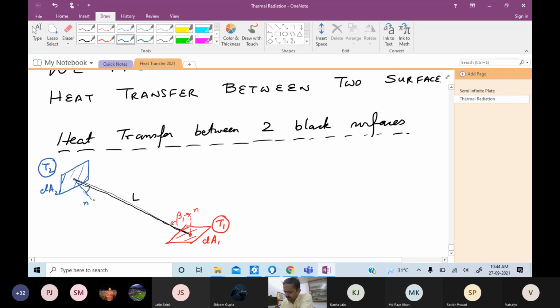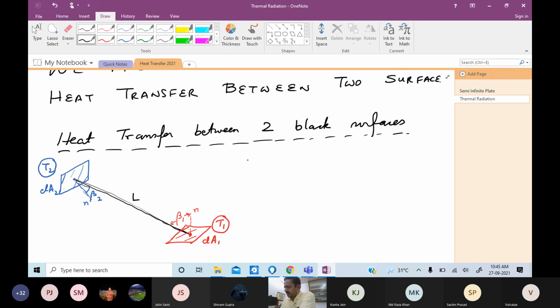Let us say this angle is beta 2. You understand this? These are the two surfaces. If I take two small areas on each of these surfaces and see how they are aligned and the distance between them, this is what it is.